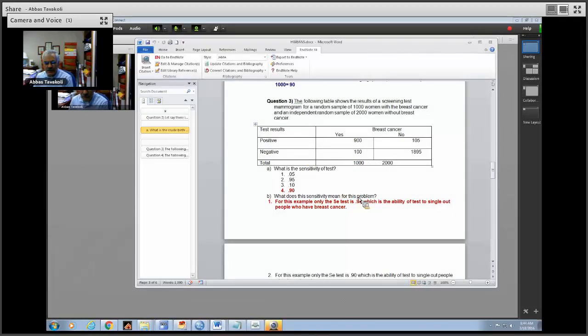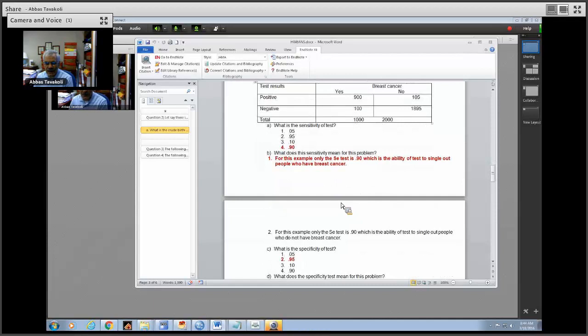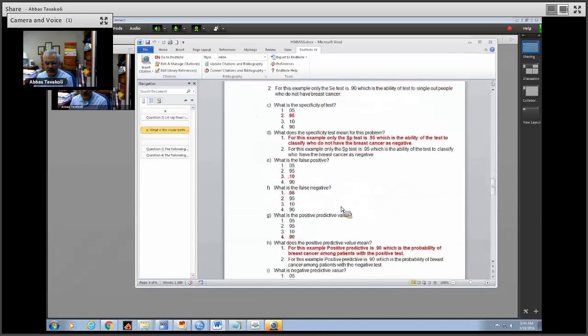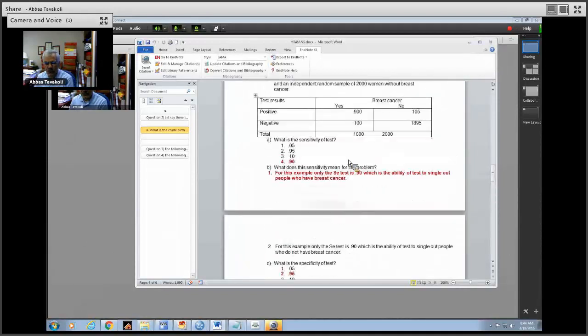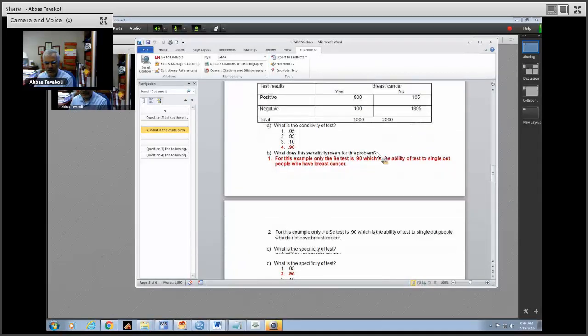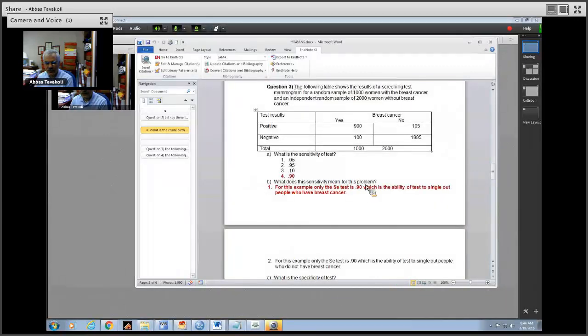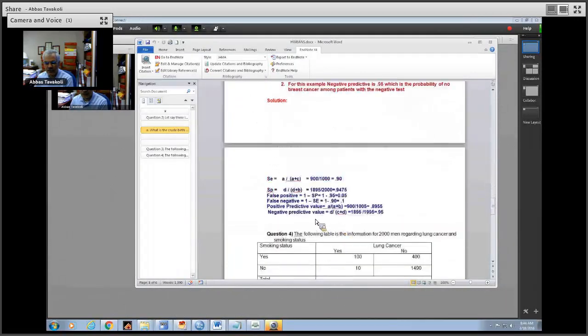Now, the third question, we have breast cancer with some tests. This is the information we have. I asked you to calculate sensitivity, what it means, and the specificity, what it means. For sensitivity, if you look at A over A plus C, 900 over 1,000, 0.9 is the correct answer.